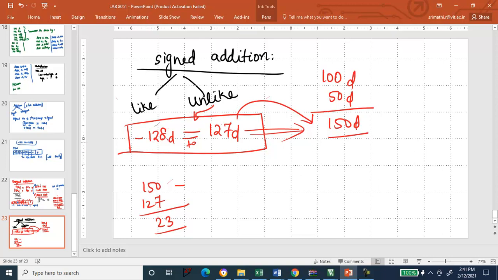This range minus 128 to plus 127 includes 0 also. That is minus 128, minus 127, minus 126, and you go on till 0, and 1, 2, 3 up to plus 127. That is the range.